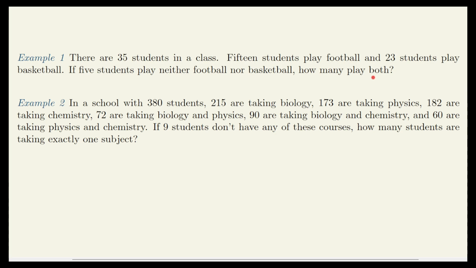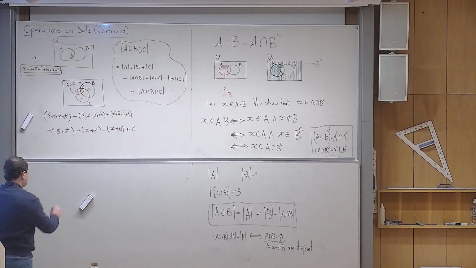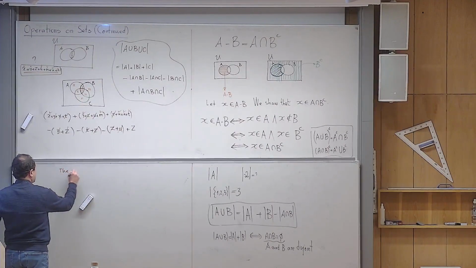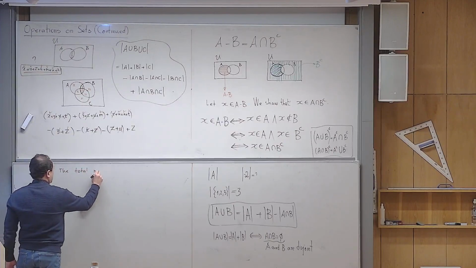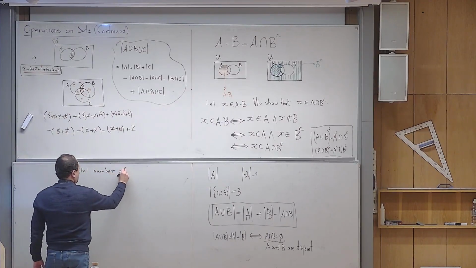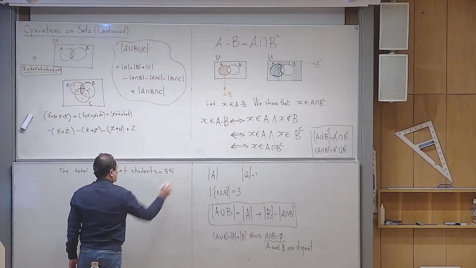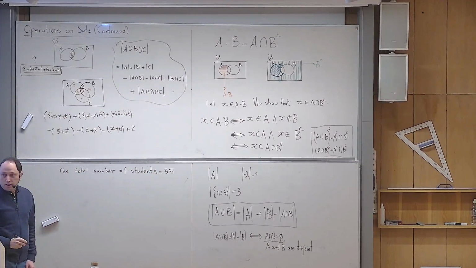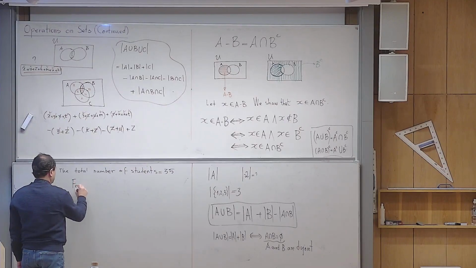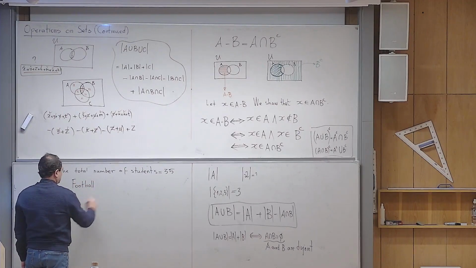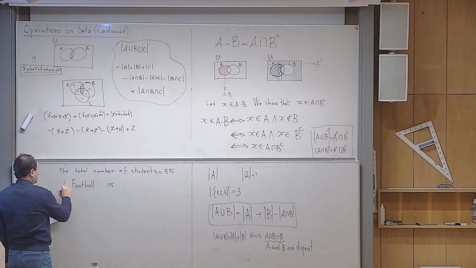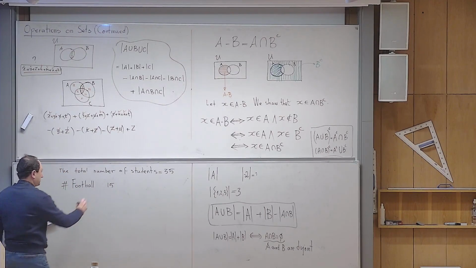So let me write the information on the board. So there are 35 students. The total number of students is 35. Yes. And then 15 of them play football. The number of football players is 15.